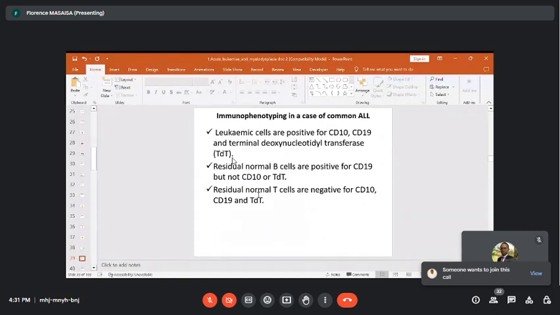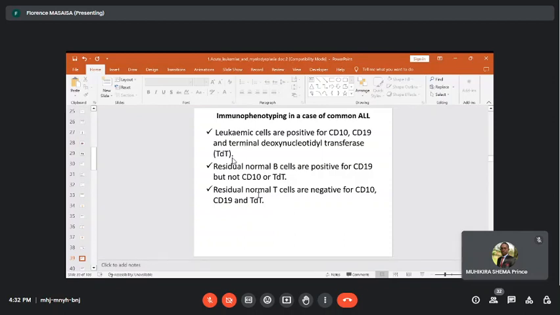The cells are expressed by monoclonal antibodies, which are called clusters of differentiation. Leukemic cells of ALL are positive for CD10, CD19, and TDT.